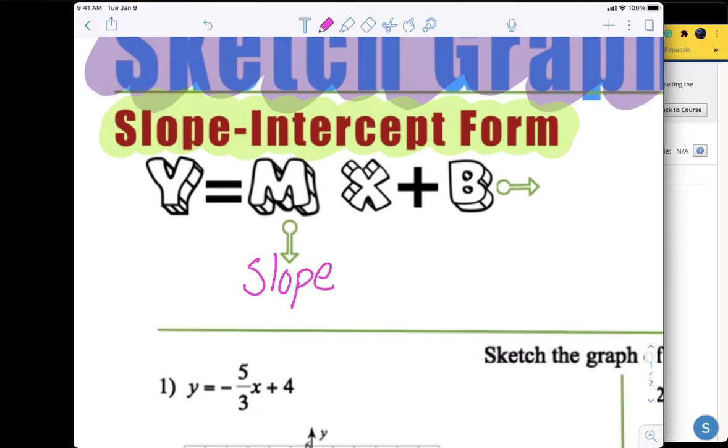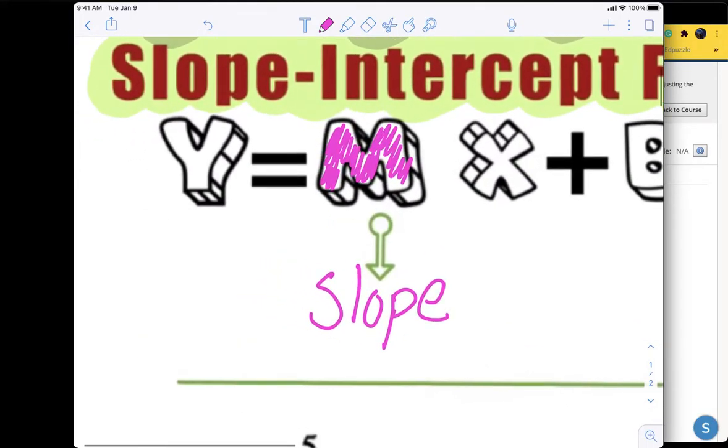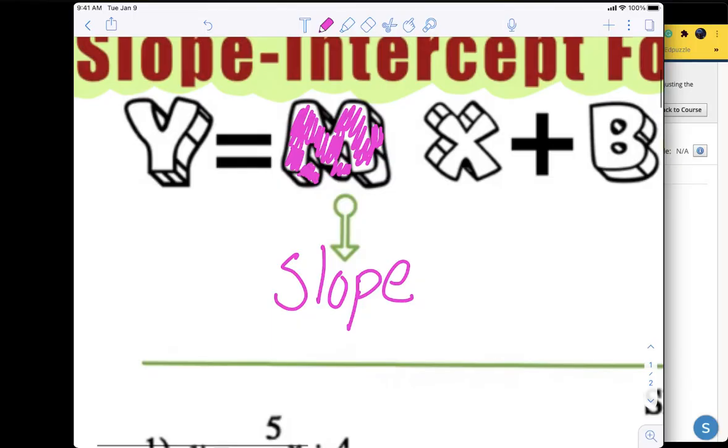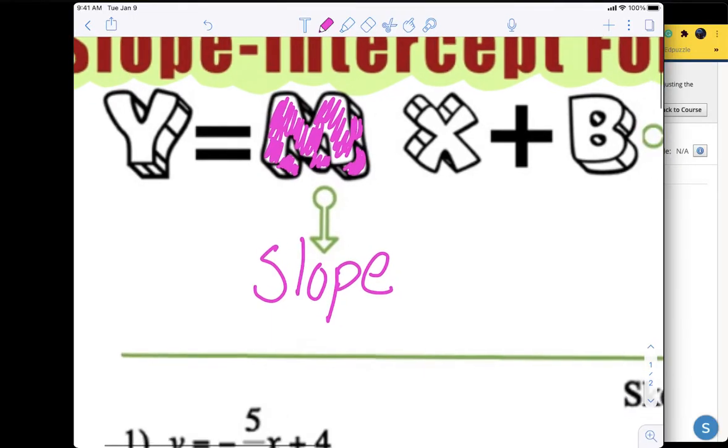This m is equal to slope. And we already knew this, right?